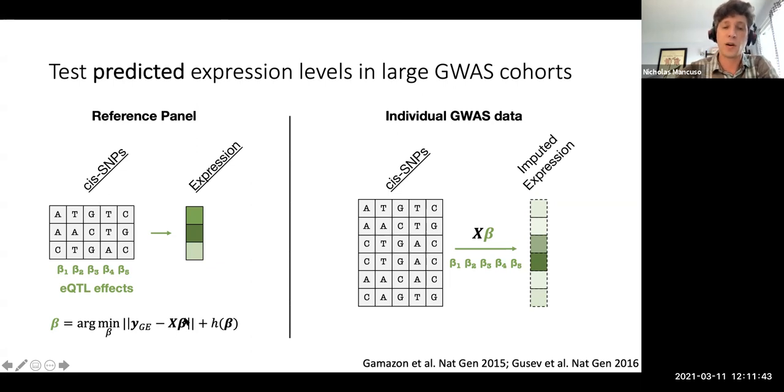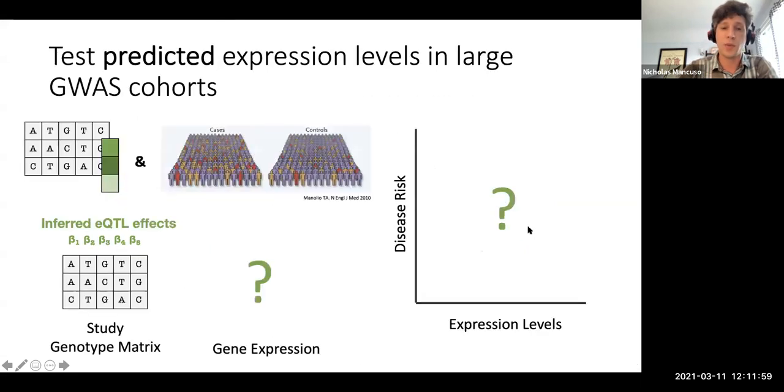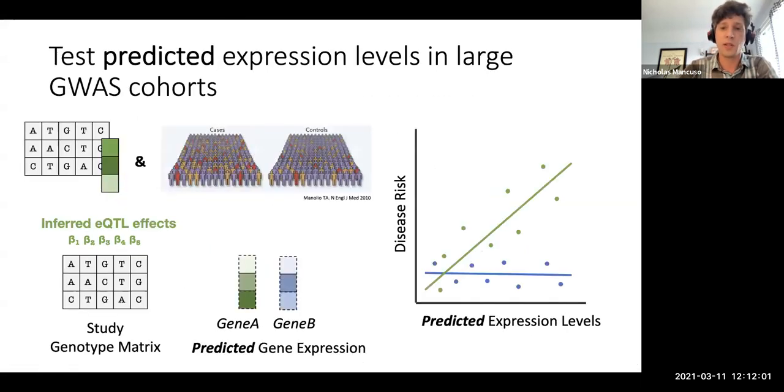Here beta are, we can think of, the effects of each genetic variant on the expression levels, and we go back to our individual GWAS data, our case control cohort, we impute the expression using their genotype and these weights, and now with this imputed expression, we simply see if that tracks with disease risk. This mode of thinking, or this design, is now probably mostly referred to as a TWAS, or a transcriptome-wide association study, using predicted expression.